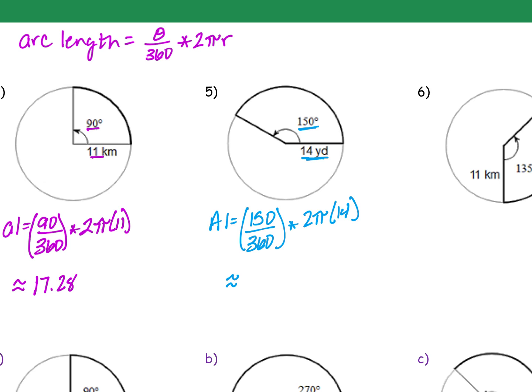So 150 divided by 360 times 2 times pi times 14, which is 36.65 yards. Oh, I've been forgetting to put my measurements on there. Sorry, Carlos. The last one was kilometers. Don't forget your measurement on there. Okay, questions so far?